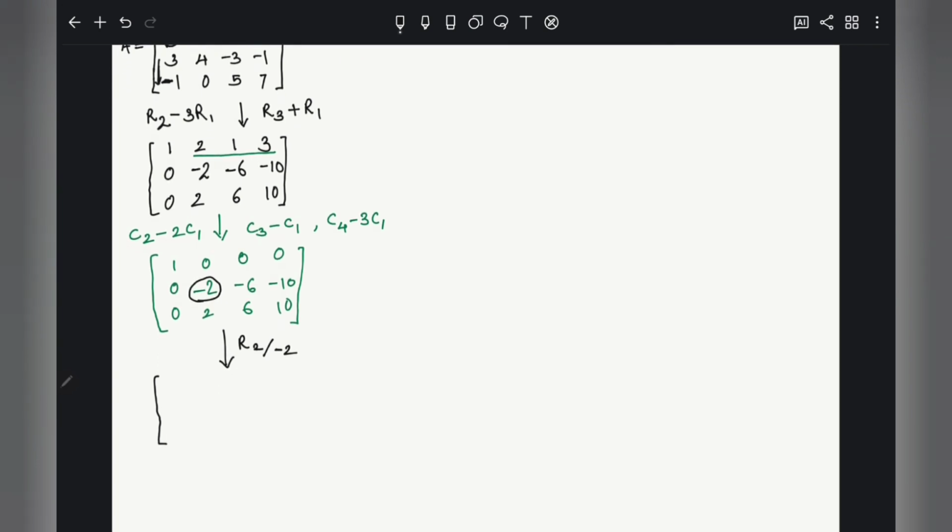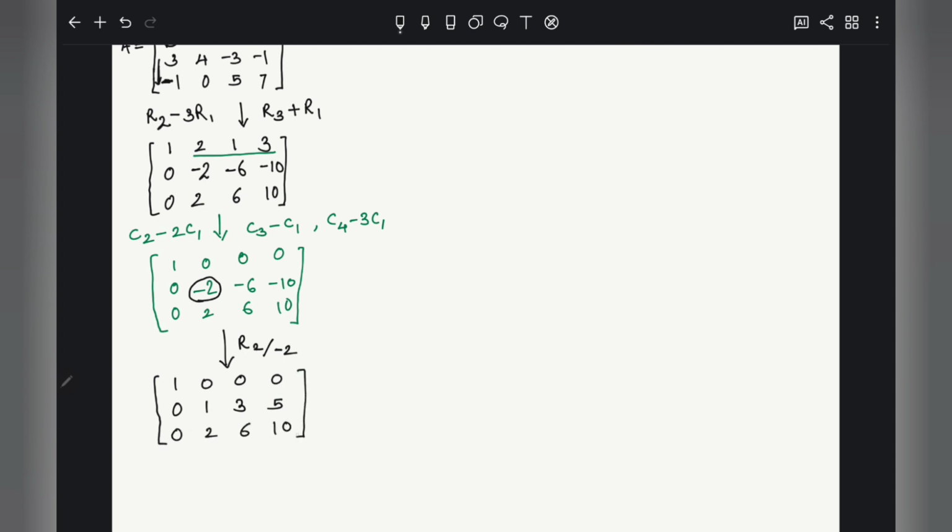It is up to you, any row or column operation you can follow, but I have followed the row because you can see all the entries are divisible. So 1, 3 and 5, this is what we get, 0, 2, 6, 10.